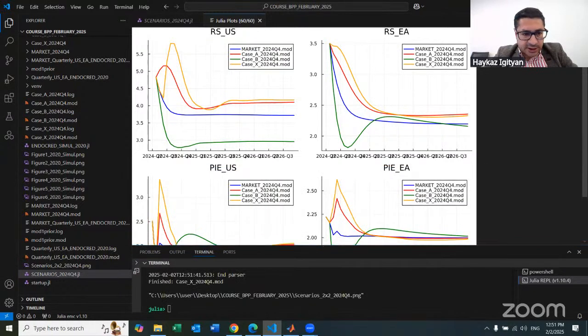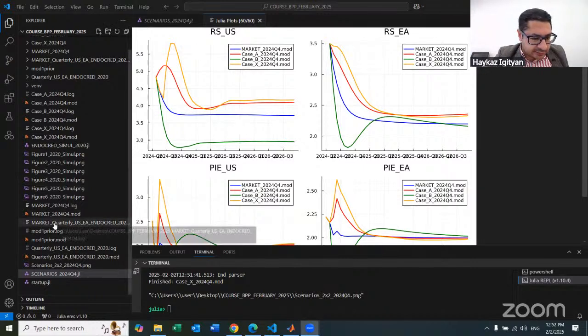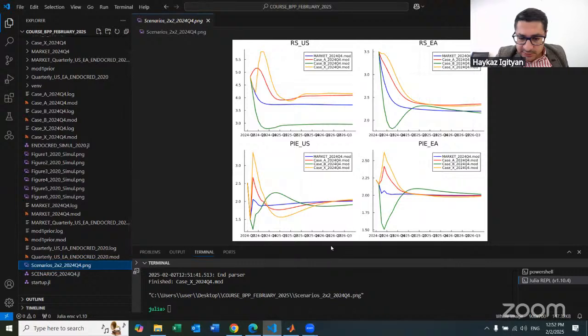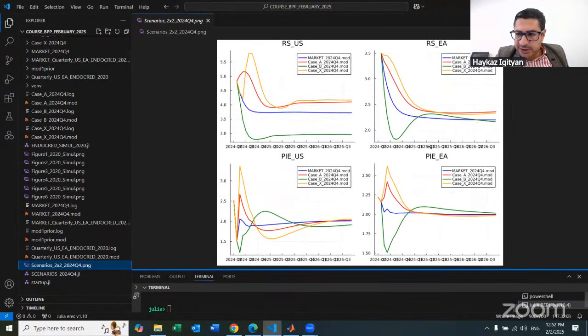Okay, then we have these results. After running, it automatically opens it here, but also saves in scenarios. We can close even this and open this PNG here. It's the same, but you see that the x-axis, we didn't get the proper x-axis.